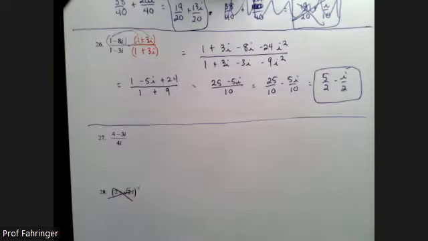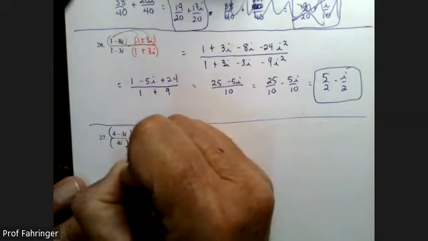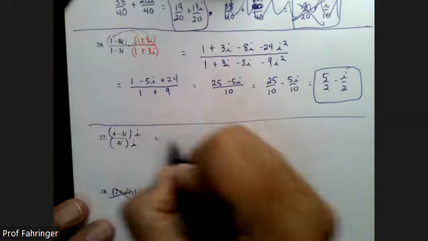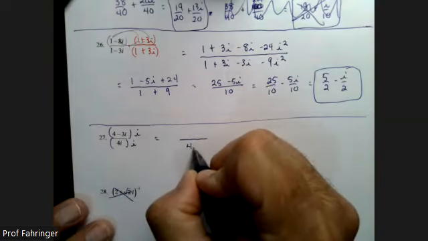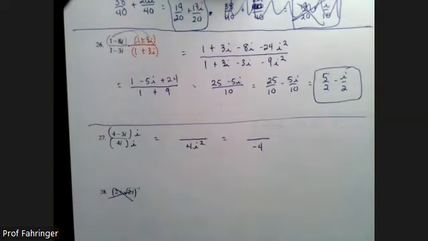Okay. Do I have a conjugate for number 27? No. What can I multiply it by? Well, I can do this one really easy. I'm going to multiply top and bottom by i. Because in the denominator, I'm going to have 4i squared, which is going to give me -4.